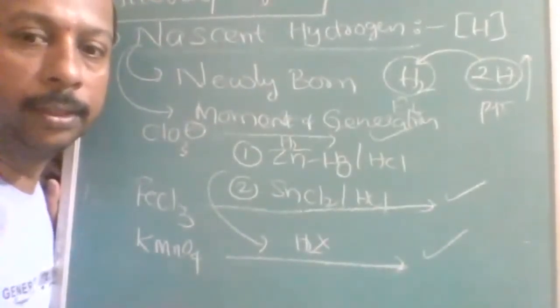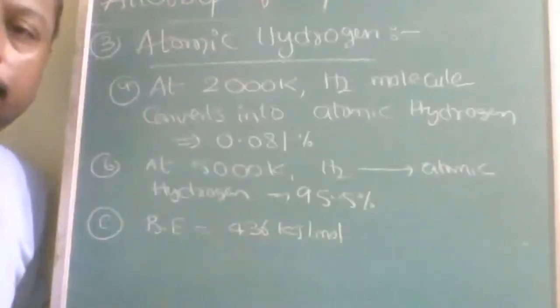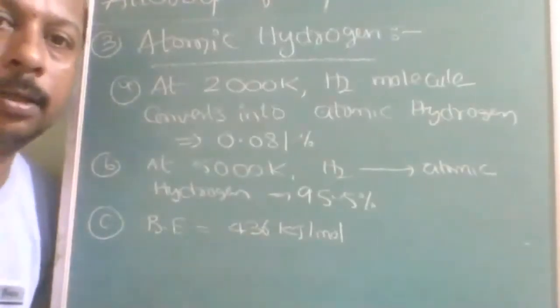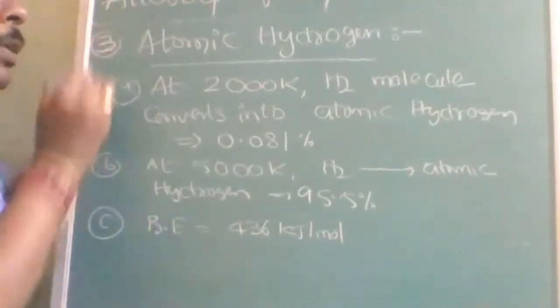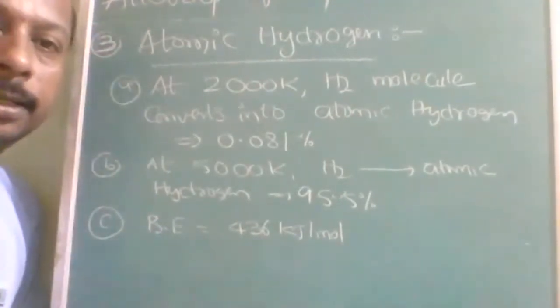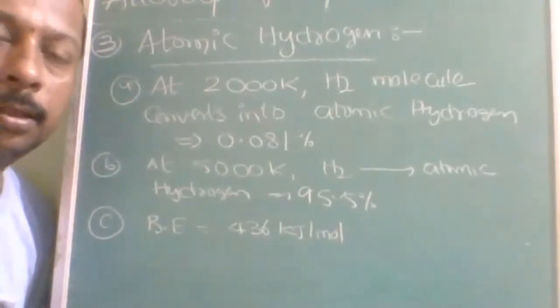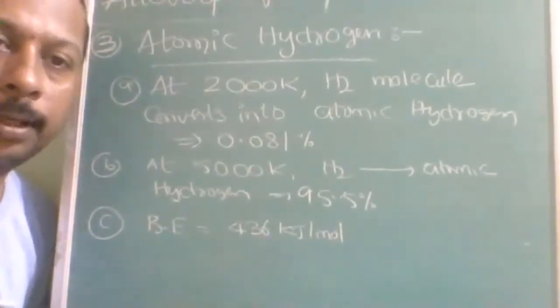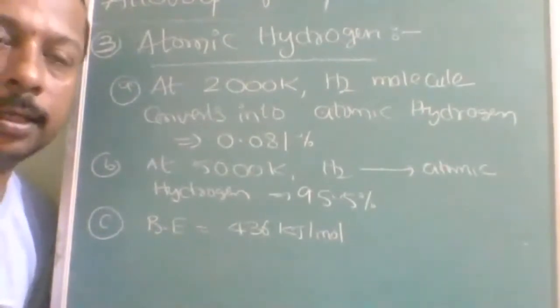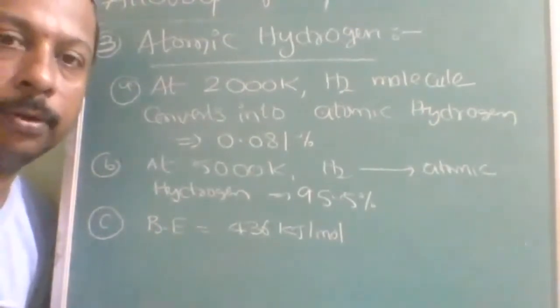Okay, note down this. Next, the third allotropic form of hydrogen is atomic hydrogen. It is just nothing but the reverse. The moment it was generated it was nascent hydrogen. After a fraction of a second, it is molecular.